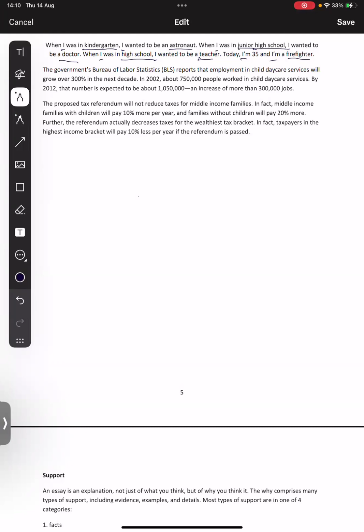So this is easy now. When you notice changes of something with regard to something, it becomes quite easy to come up with a topic sentence.